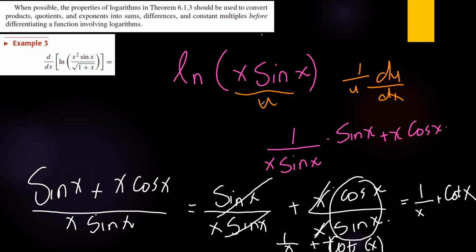But let's revise it please. Here we have 1 over x sine x times sine x plus x cosine x. Let's now continue here. We can say it is x cosine x plus 1.